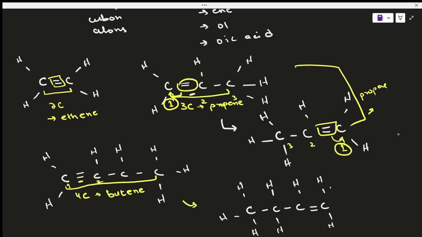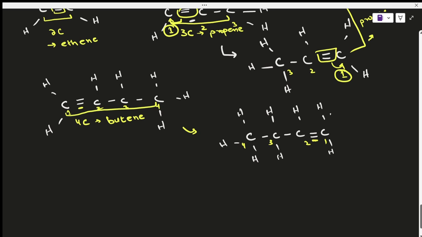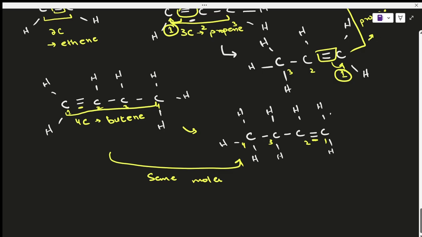This is 1, 2, 3, and 4. And now the double bond is here, so we start counting from this place. This is 1, 2, 3, and 4. So the double bond is still at the same position, right? So we're going to call these 2 molecules the same thing. These two molecules are the same molecule. These are both butene.